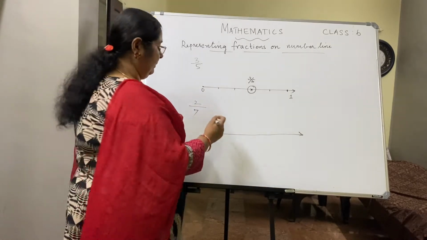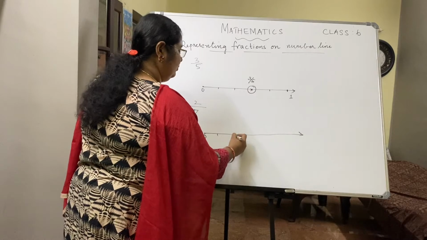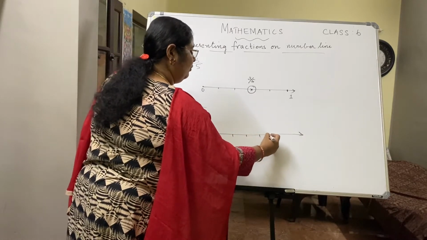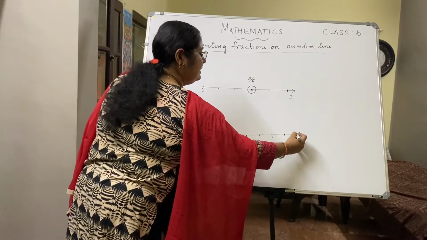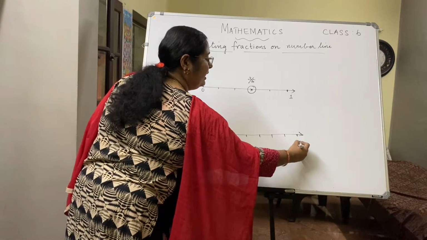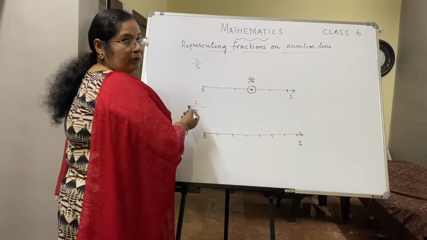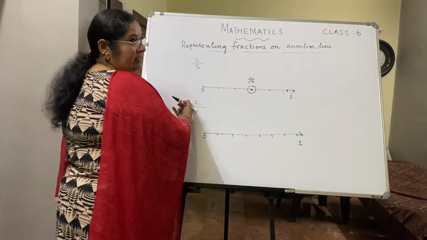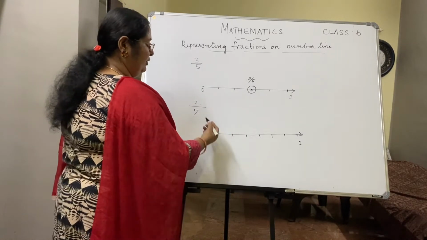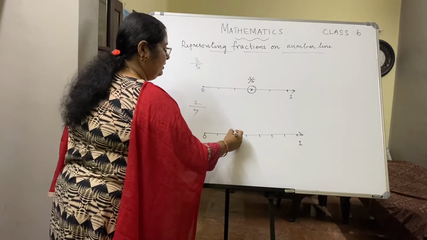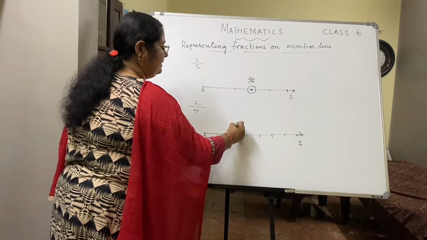So 7 equal parts. Say 1, 2, 3, 4, 5, 6, 7. And the seventh one will be 1. Now what do you require? The numerator is 2. So the second one you require, 1, 2. So this will be 2 by 7.